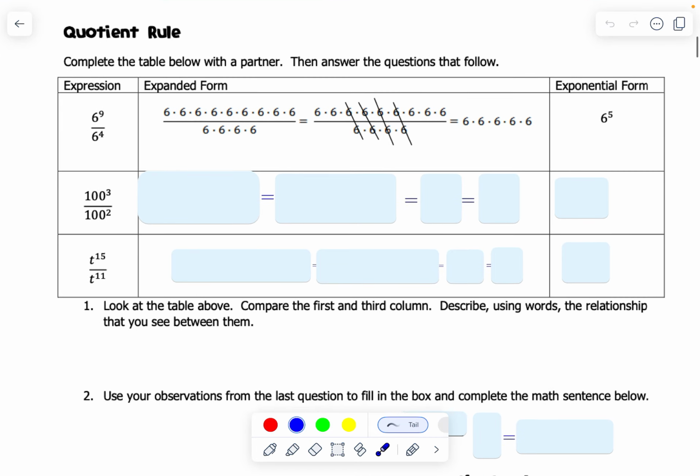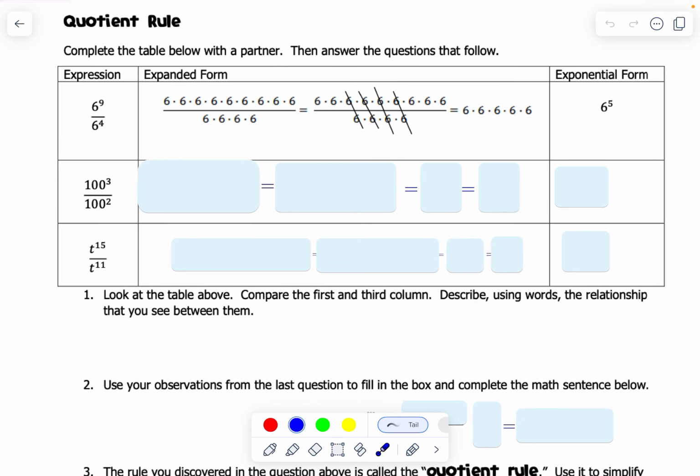So let's take a look next at the quotient rule. If we write this out in expanded form, I have 6 to the 9th, or 9 sixes multiplied together on top, and 6 to the 4th, 4 sixes multiplied together on the bottom. Now I can cancel out anything that appears the same in my numerator and the denominator, because anything divided by itself is 1.